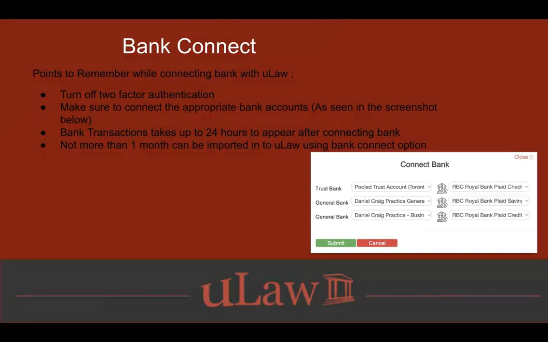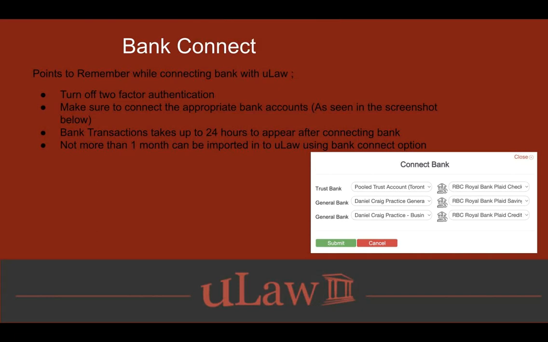Now, previously in uLaw, we have all been used to adding transactions manually, even for office expenses, right? I mean, trust is always done manually. You have to go into the client and the matter and add in the trust or any client payments into the general account.